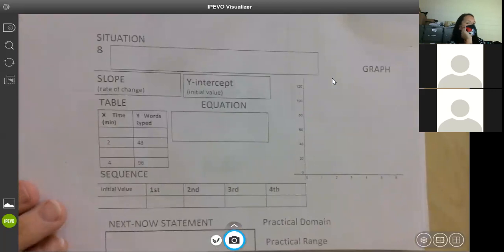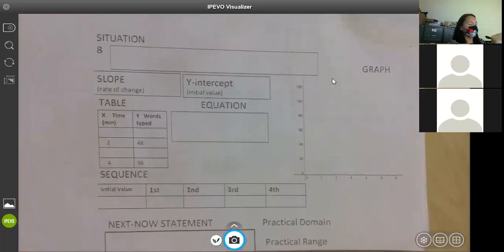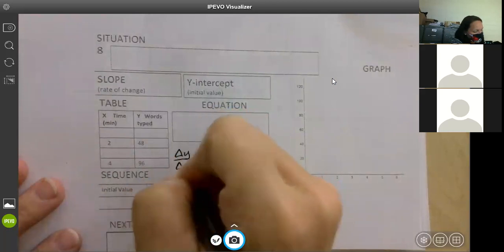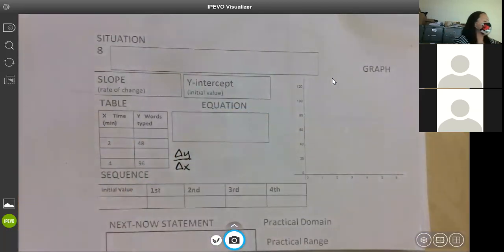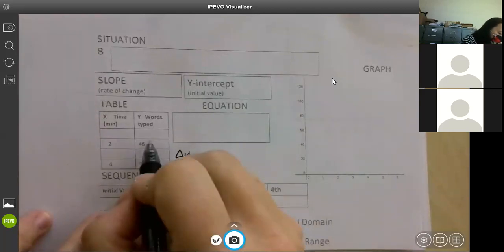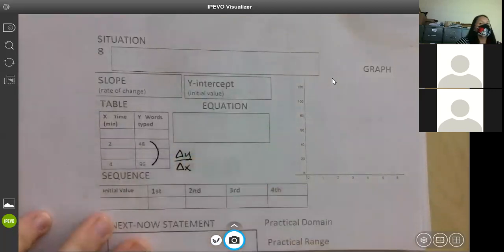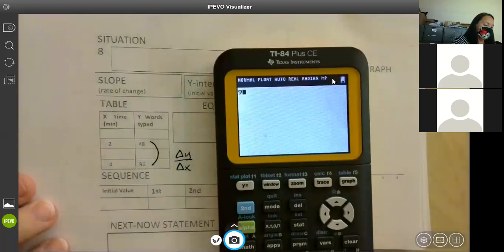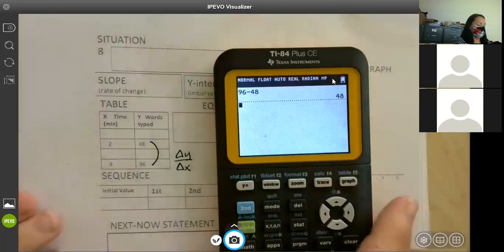And we'll get it. Remember, if it gives you your table, to find your slope, you have to do your change in y over your change in x. Here's your y's. 48 to 96. Remember, if you can't figure that out on your own, you can subtract them. So what do I get? 48.